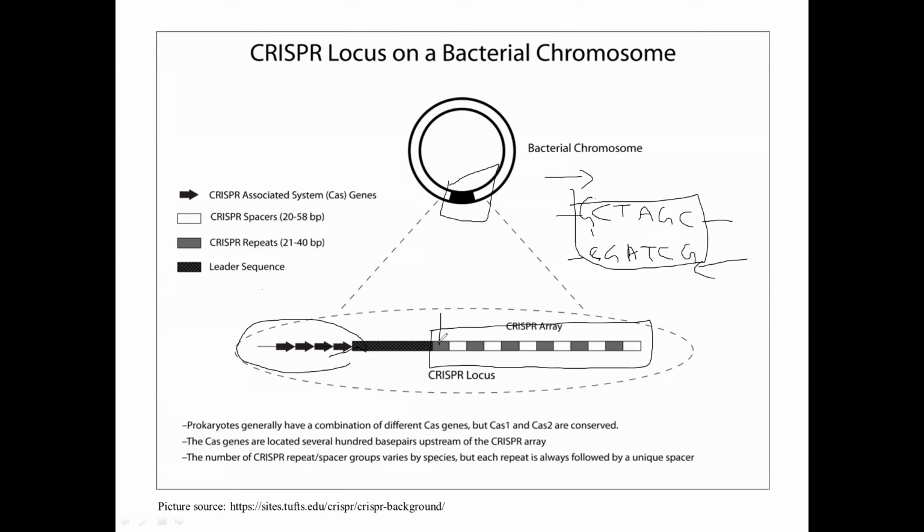That means the same sequence is repeated multiple times here, here, here, here, here. Okay, so you have these palindromic repeat sequences, and these repeat sequences are around 20 to 40 base pairs.